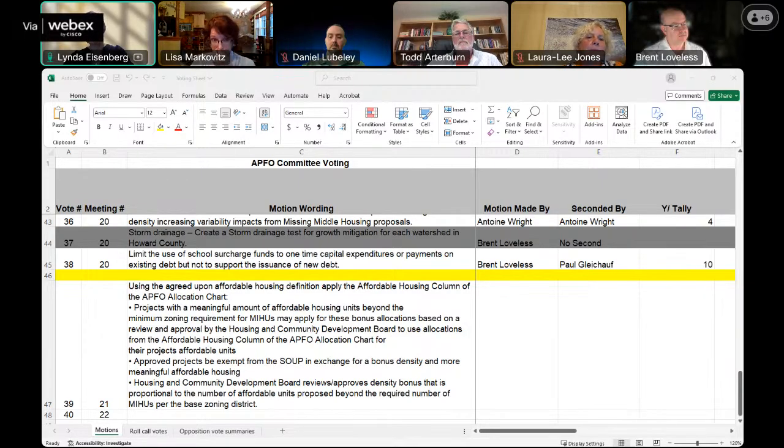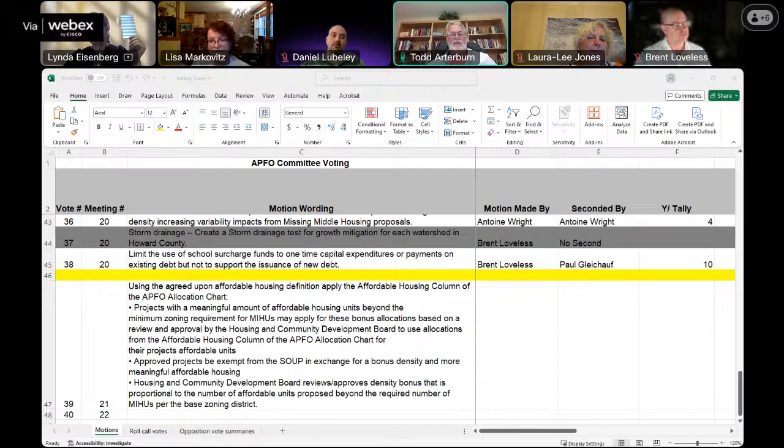So what you would do is just remove that then. If you still feel strongly you don't want even these types of projects that would be eligible to pull from the column to have that, then you would strike that. But what does the second half of that bullet mean? More meaningful affordable housing in exchange for a bonus density.